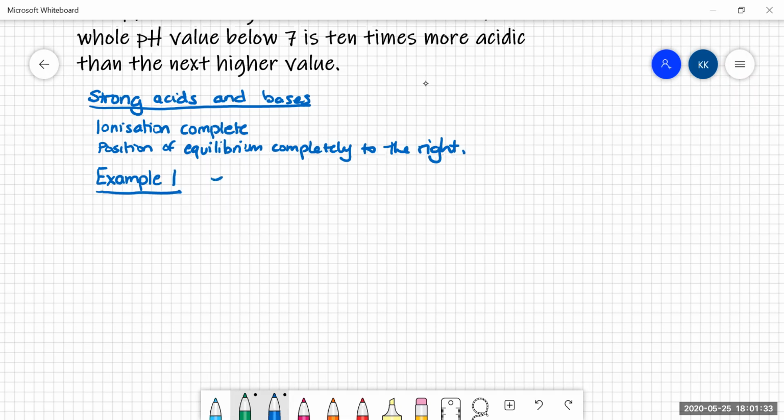Our first example is going to be a strong monoprotic acid. We're going to find the pH of 0.030 moles per litre nitric acid.